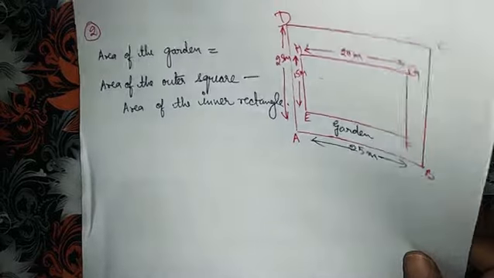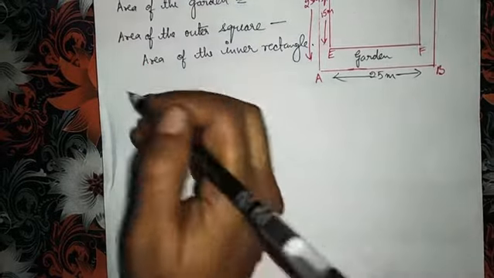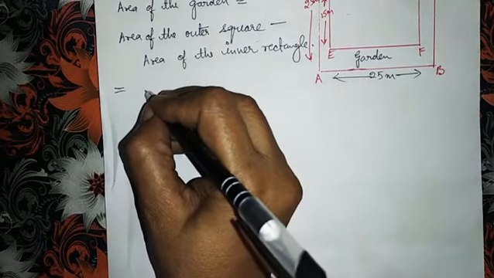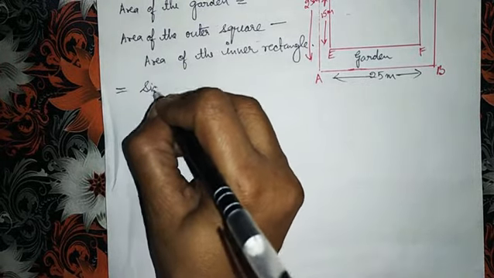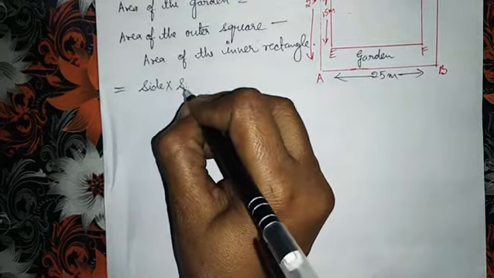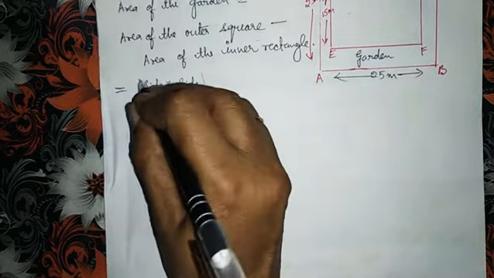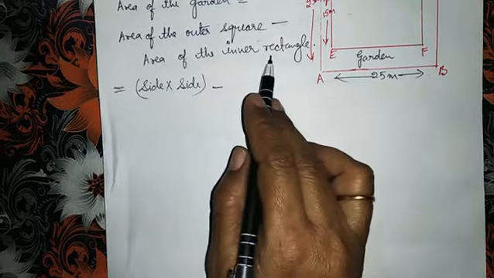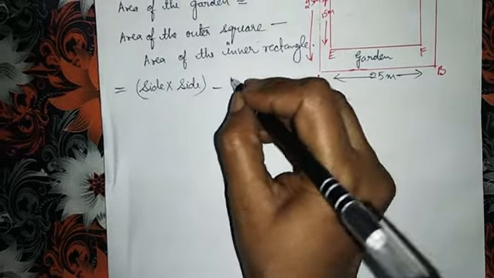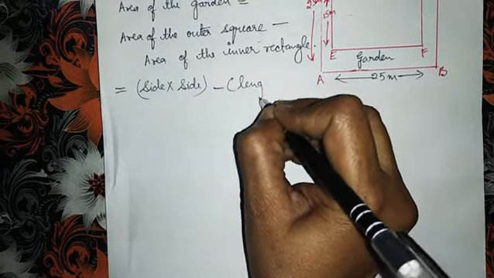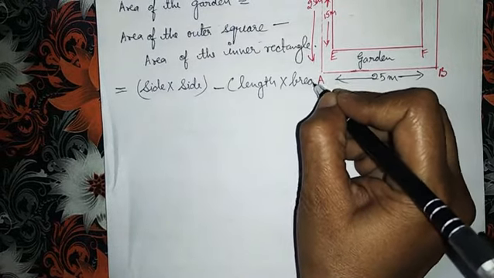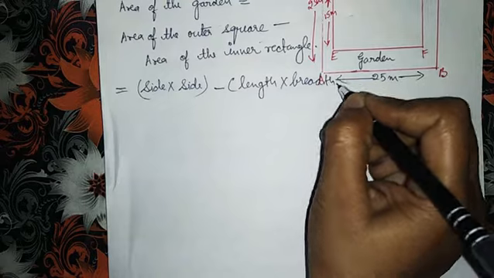Okay, now for area of the outer square we will write the formula side into side. Okay, and for area of the inner rectangle, here we will write length into breadth.